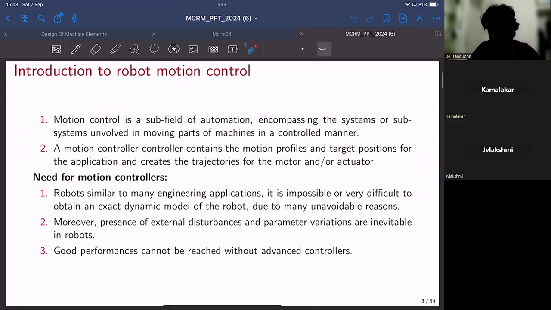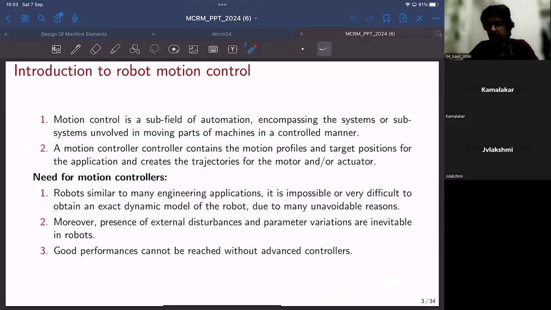Just to give a brief idea of motion control, it's nothing but a subfield of automation. Automation basically requires hardware, which is the robot itself. To make it go through a desired set of points, we need to make sure that the robot is actively moving through that desired trajectory.